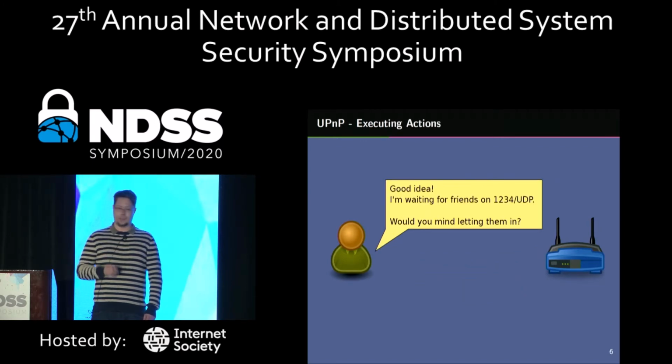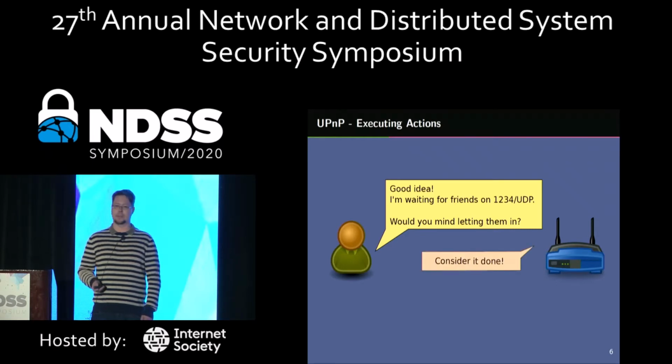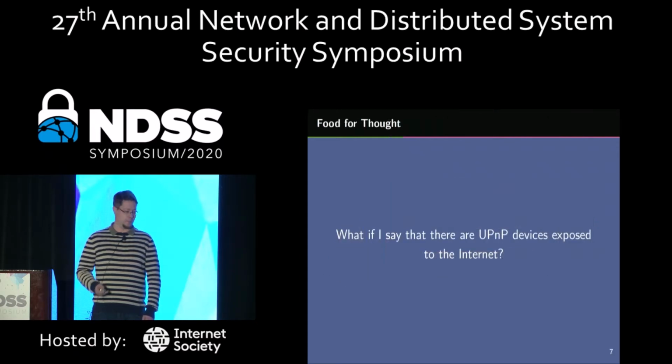Back to our BitTorrent case, we are simply asking, could you please forward a port for me? And the router will adjust the firewall rules and do this forward. It happens that there are UPnP devices that are exposed to the internet, even though this should be only locally available.